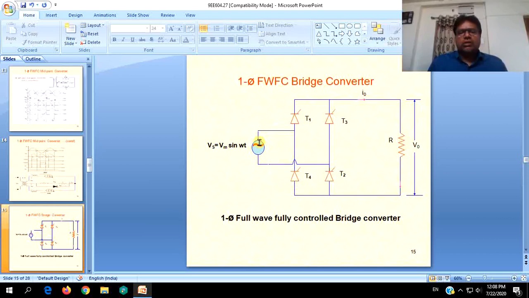So now the voltage and current AC will flow from this phase via this T1 or SCR1 and comes over here like this. And T3 current tries to flow in this direction, but T3 is reverse biased, so it cannot flow like this.